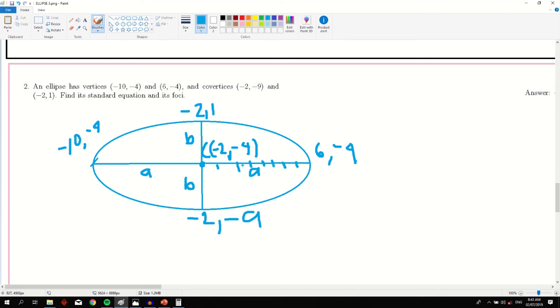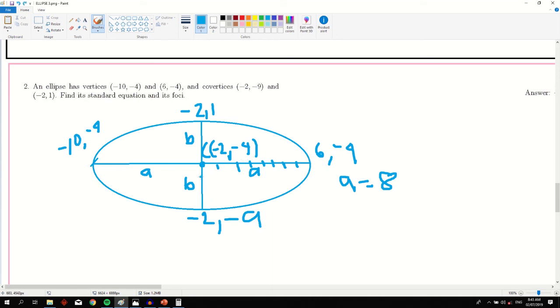So 1, 2, 3, 4, 5, 6, 7, 8. So a is equal to 8. And then from here to this, negative 2, negative 1, 0, 1, 2. Sorry for that, let's repeat that. Negative 2, negative 1, 0, then 1, then wait, I'm wrong.